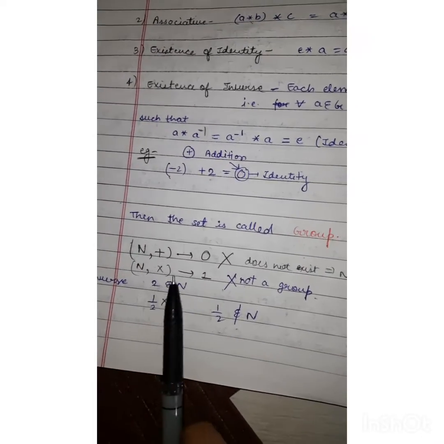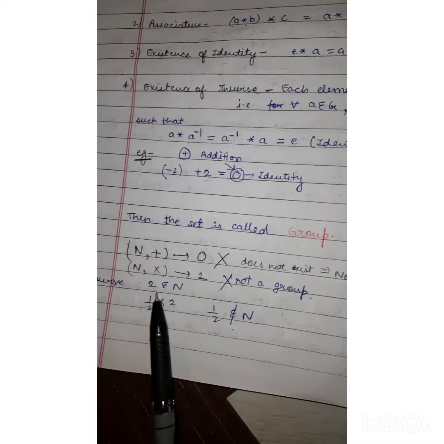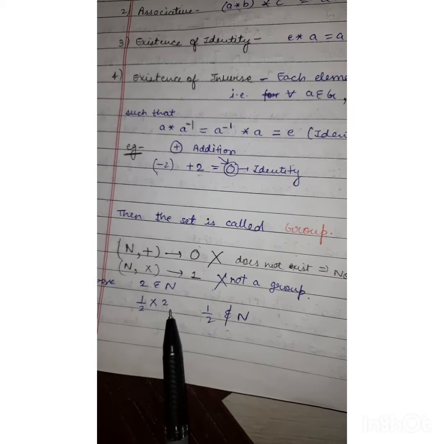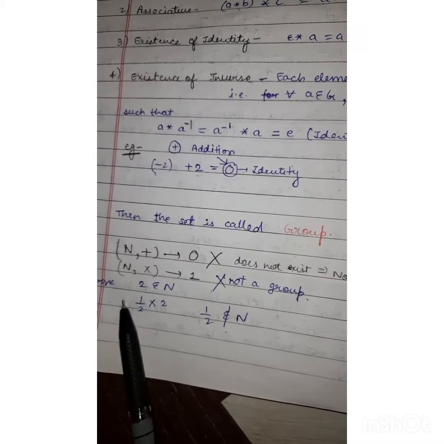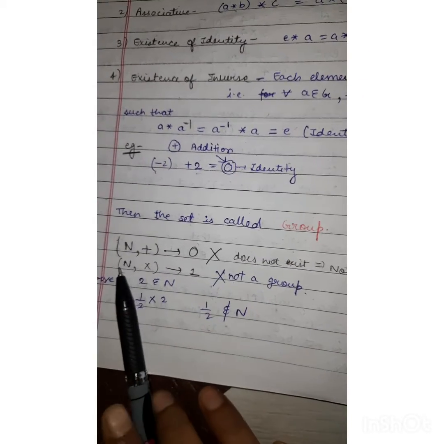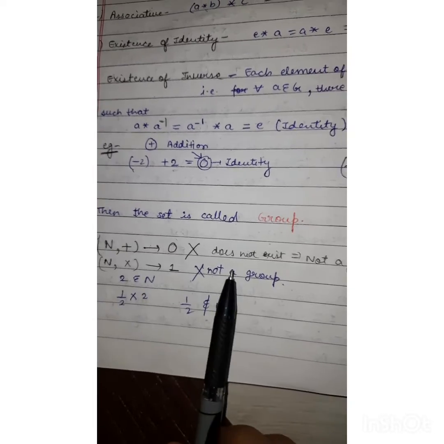And for multiplication, if we take the inverse of 2, meaning its reciprocal, we get 1 by 2, which does not belong to the set of natural numbers, so it will not be a group.